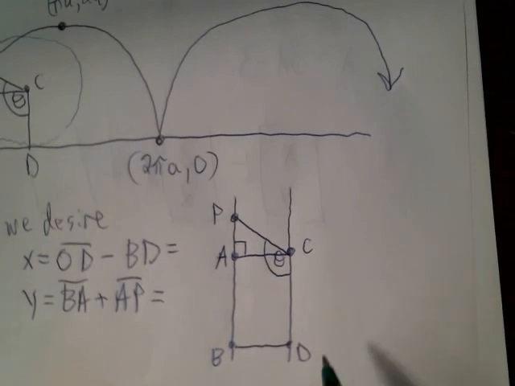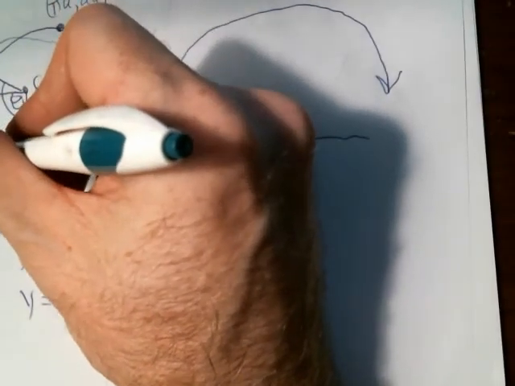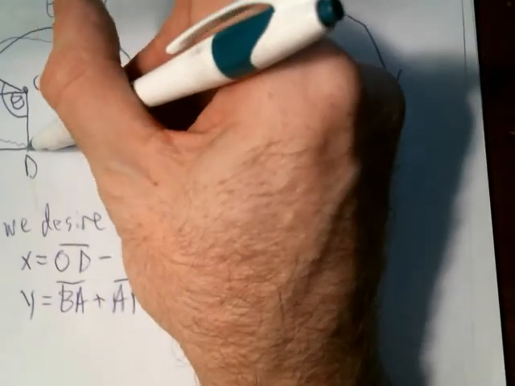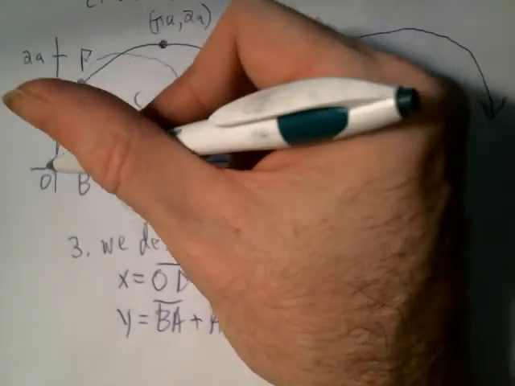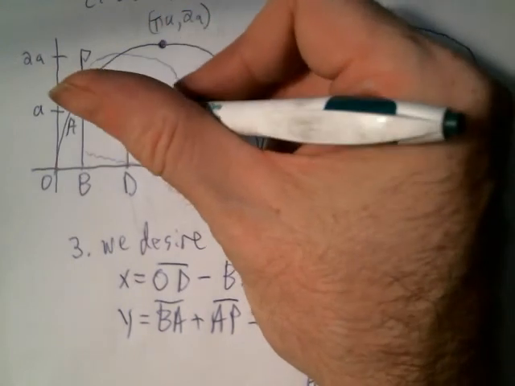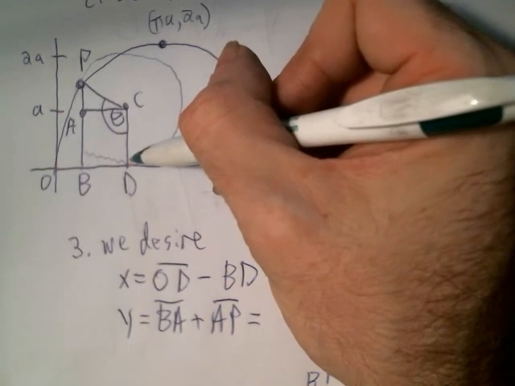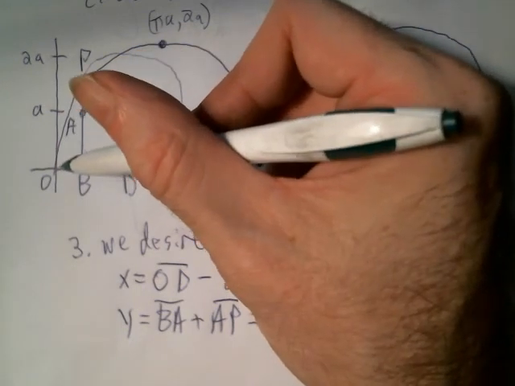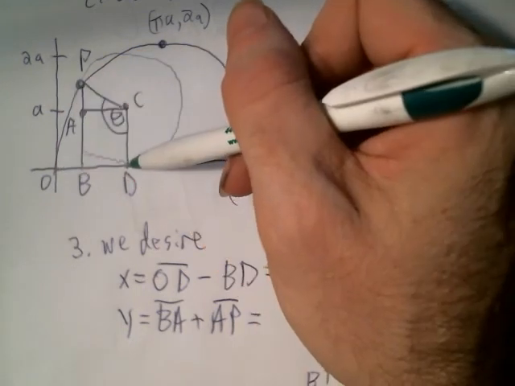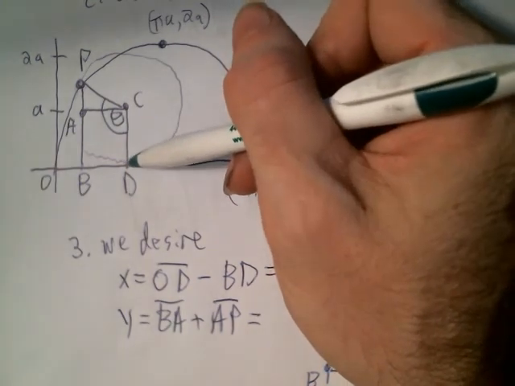So what am I trying to get at? I need, first off, BD. Okay? So this length here. OD, this length from here to here, I can get by considering this length of the circle. I'm going to have to work a little bit to get OD.